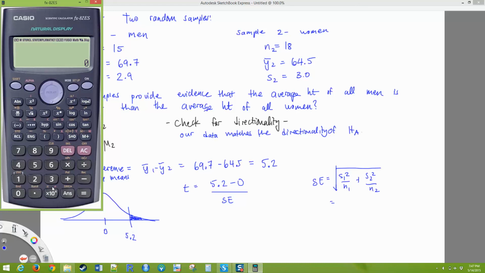Alright, so let's try this out. 2.9 squared divided by 15 plus 3.0 squared divided by 18, and I take the square root of that.